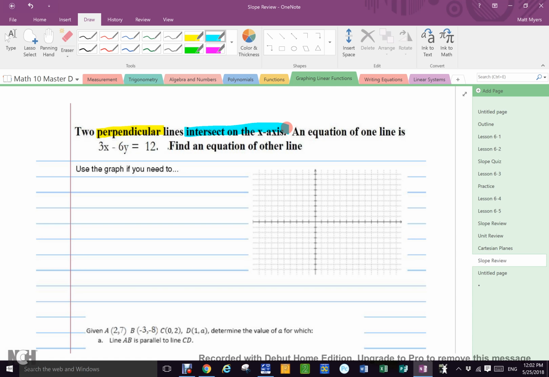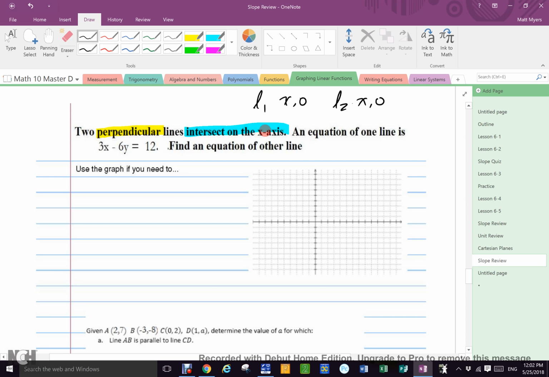So what does that mean for both of their x-intercepts? They're the same. So you know that line 1 is x, 0 and line 2 is the exact same x, 0, isn't it? Because they intersect on the x-axis.